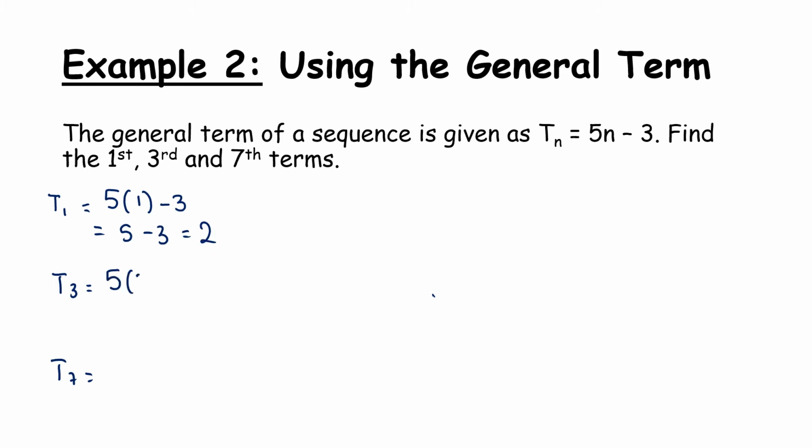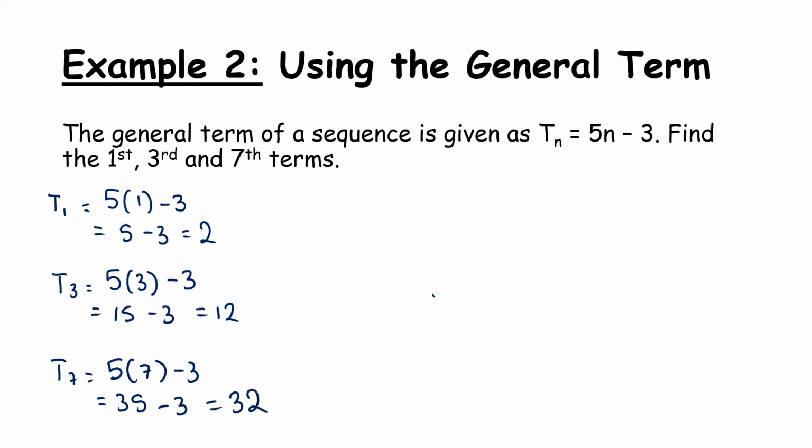Here we have 5 and we're subbing in 3 instead of n, minus 3, 15 minus 3, which is 12. 5 times 7 minus 3, which is 35 minus 3, which is 32. So we have our 3 values of the first, the third and the seventh term very quickly using that general term.